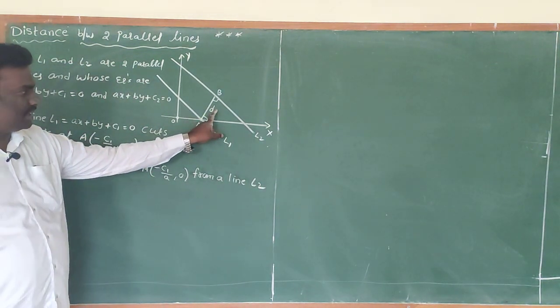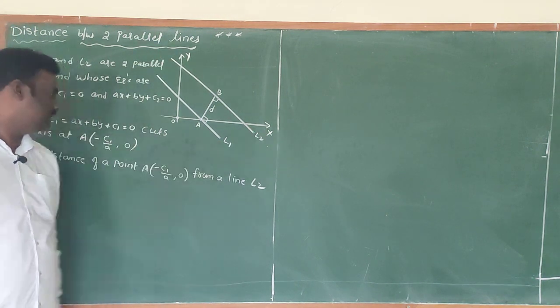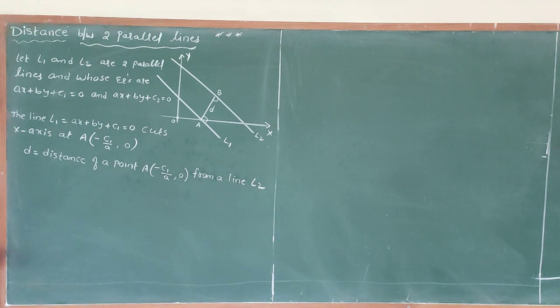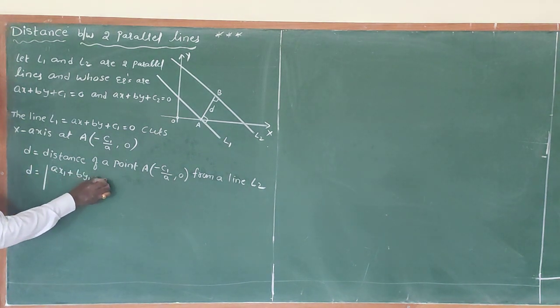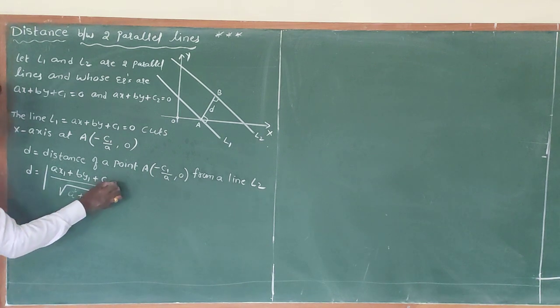This distance can be written as, it is the distance from point to the line. Already in previous we discussed what is the formula for distance? Modulus of Ax1 plus By1 plus C by under root of A square plus B square.